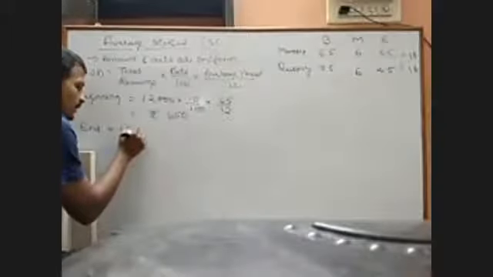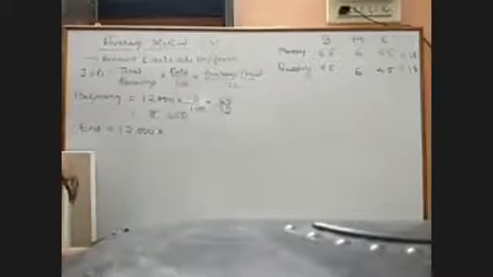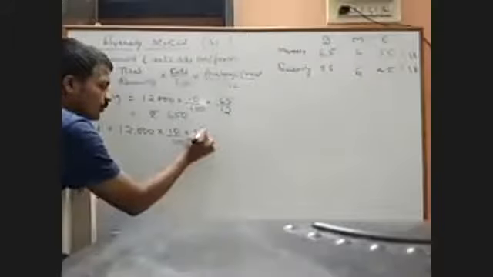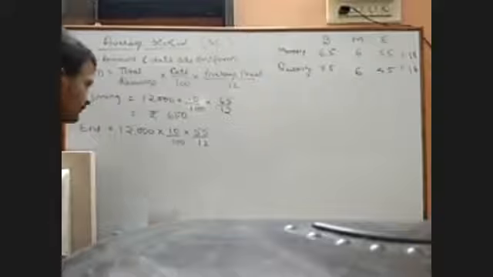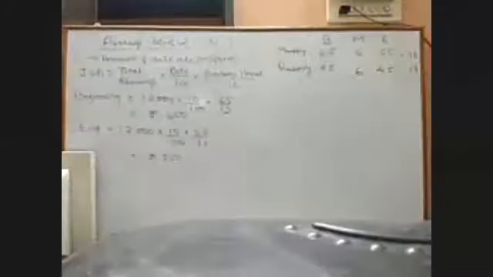Next is end. For end the amount will remain the same, because beginning or end he will be withdrawing 12,000 only, into 10 divided by 100 into 5.5 divided by 12. Just check whether it will be rupees 550.